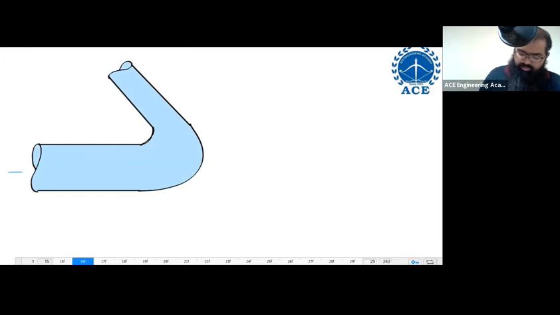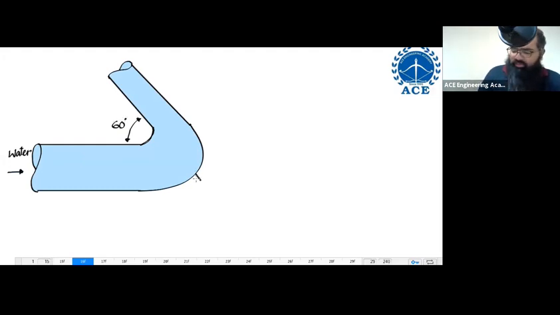The angle of the bend is equal to 60 degrees. Very common question: a bend in a particular pipe.